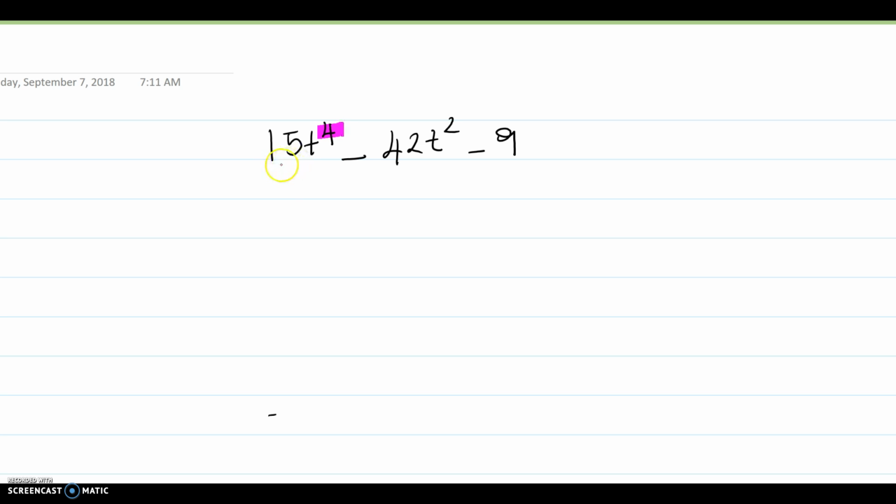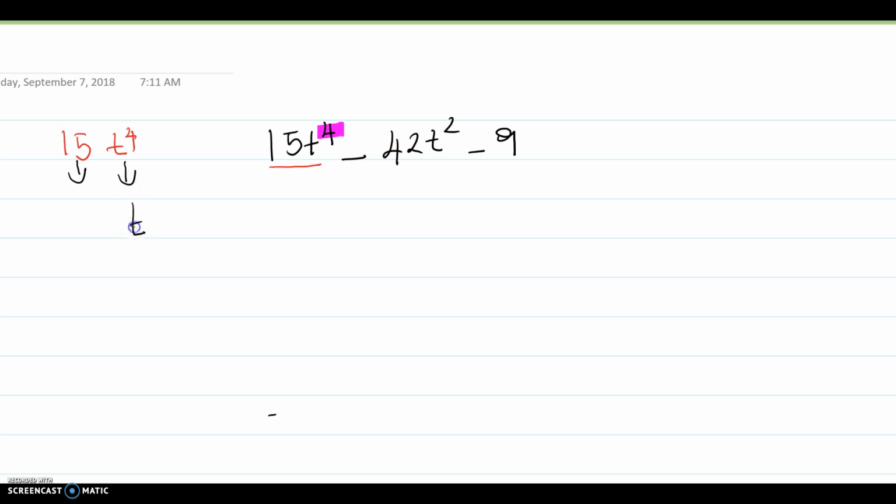We are going to think of the multiples of 15t to the 4. So when you're thinking 15t to the 4, hence I have written with a gap between them, there are two things that I should be focusing on: multiples of 15 and multiples of t to the 4.